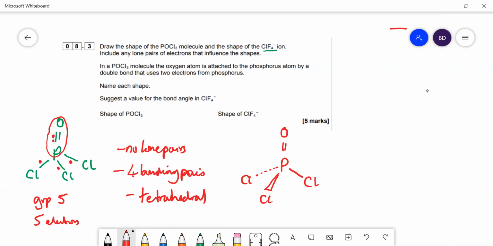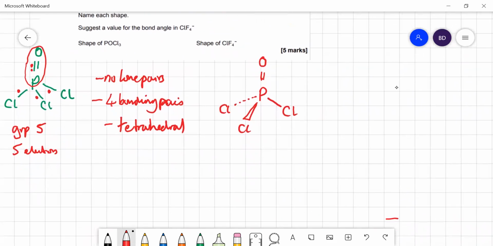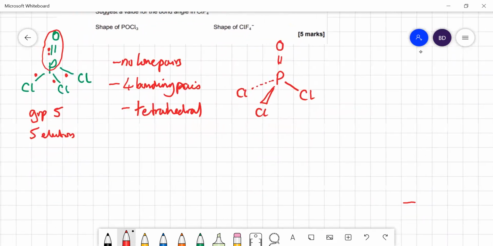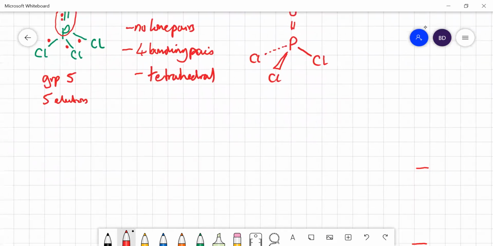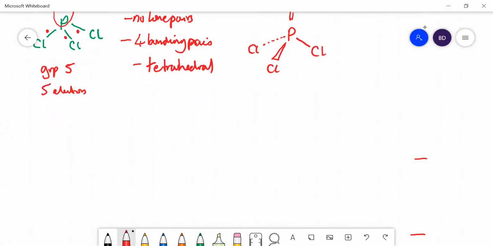Now we need to transfer our attention to the ClF4 minus ion. Now we need to worry about lone pairs there. So I'm going to draw a chlorine here, and you're going to have 4 fluorines attached.